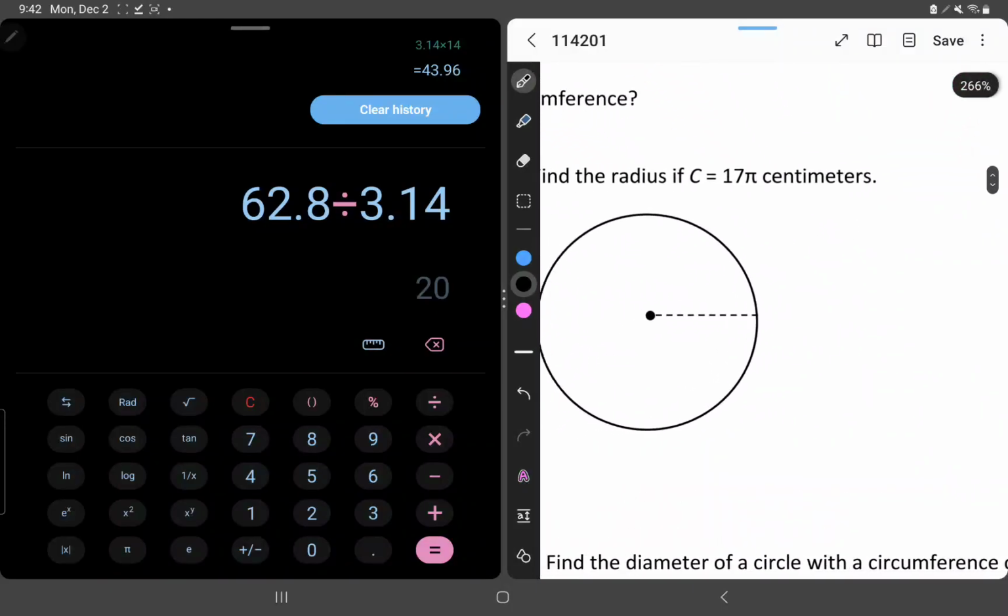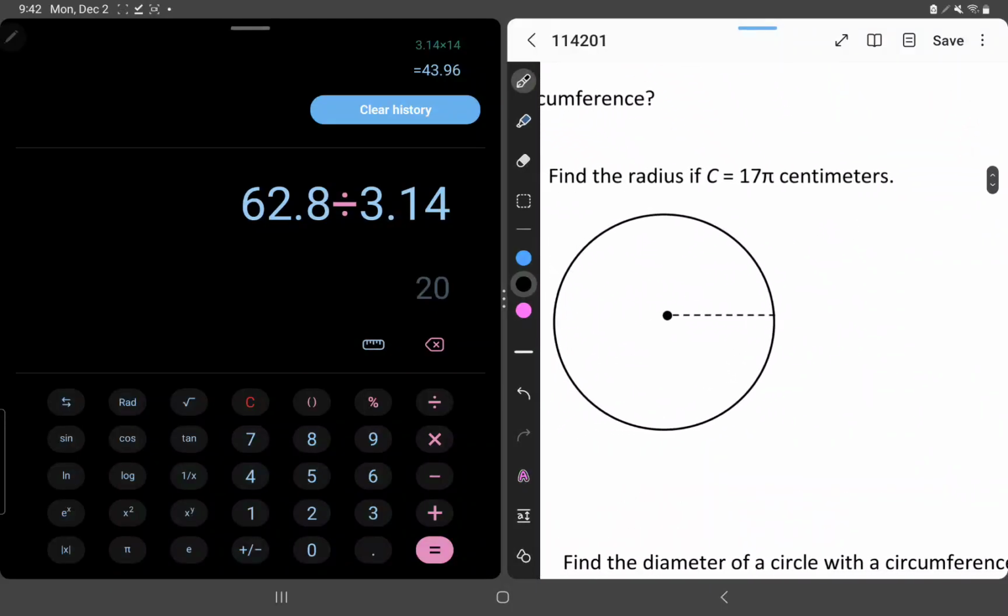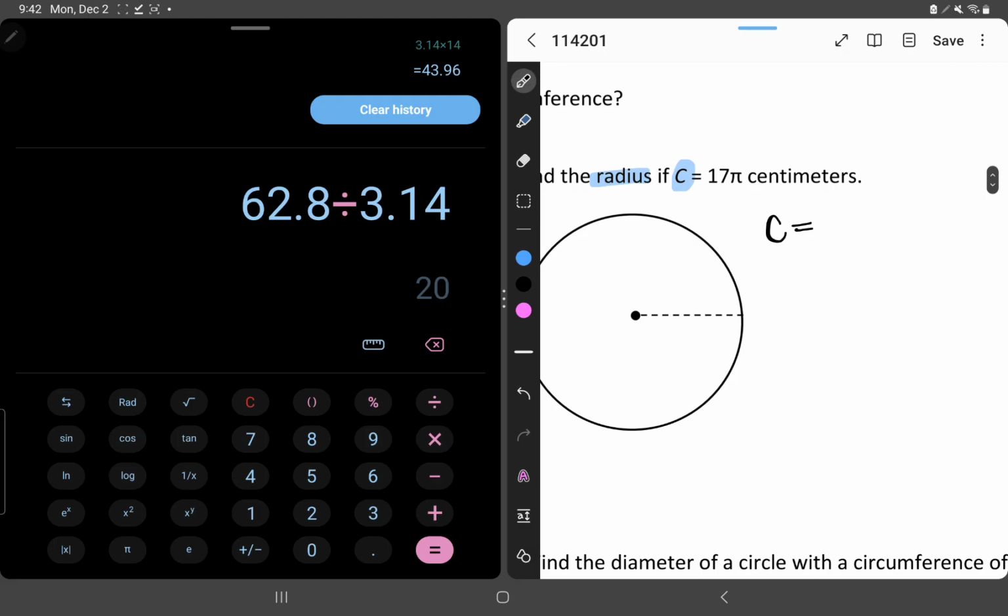All right, so this one says find the radius if C equals 17, circumference equals 17 centimeters. So we are looking for our radius and we have our circumference. So we know that the circumference formula for radius is 2 times pi times radius. Well, we found out that C is 17 pi.